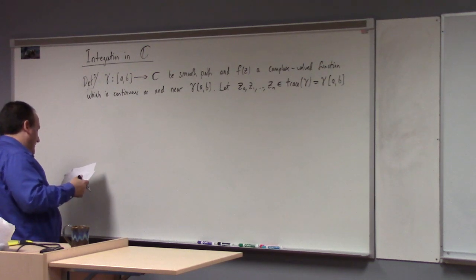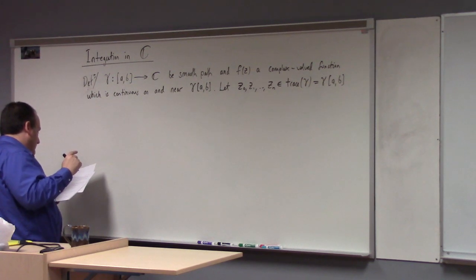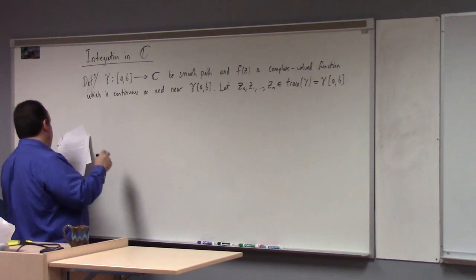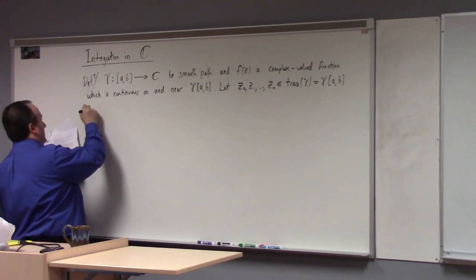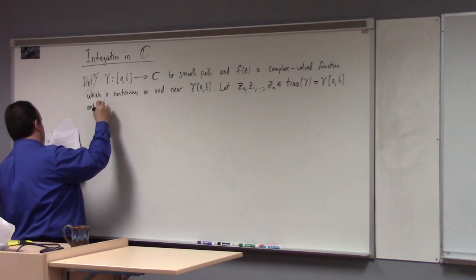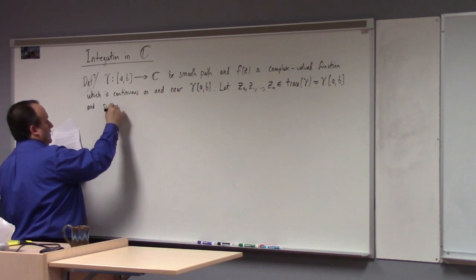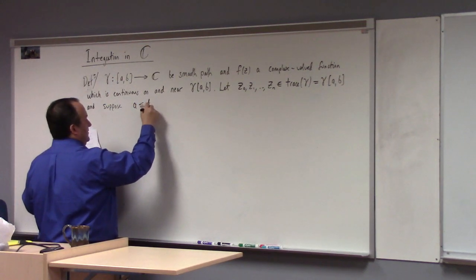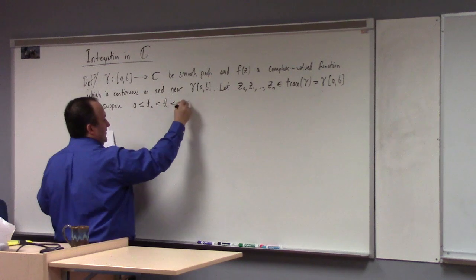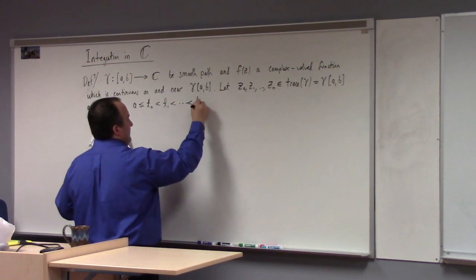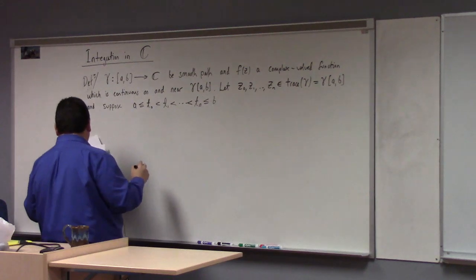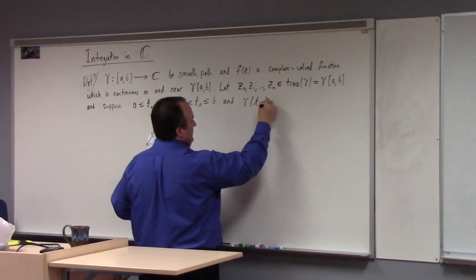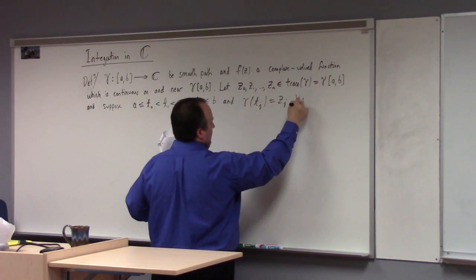All right. Anyway, so we're taking this set of points in the image of the path, and suppose a is less than or equal to t0, which is less than t1, and so forth and so on until we get to tn, which could be b, but it could be less than b. And we're supposing that gamma of tj is equal to zj for all j.